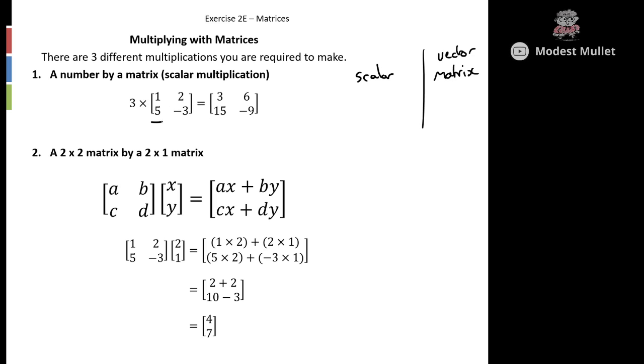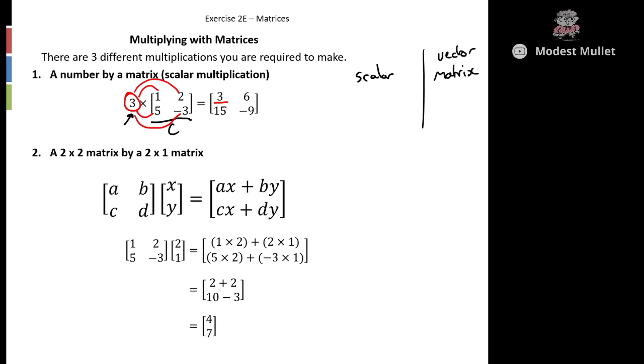Scalar means where we have some full matrix, in this case we might call this C, and we're multiplying by a scalar number. A scalar just means a single number. It could be an integer, it could be a decimal, pretty much any rational number. And all it is is multiplying this number by each element in the matrix.